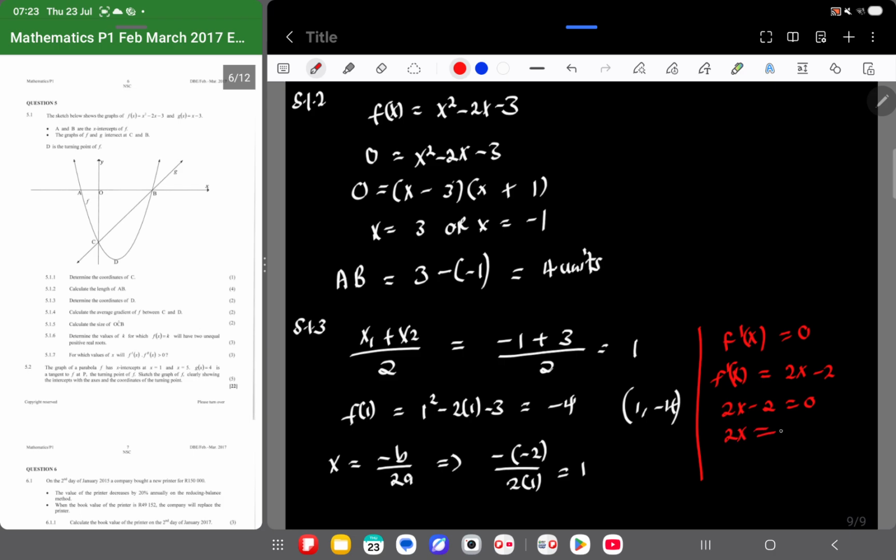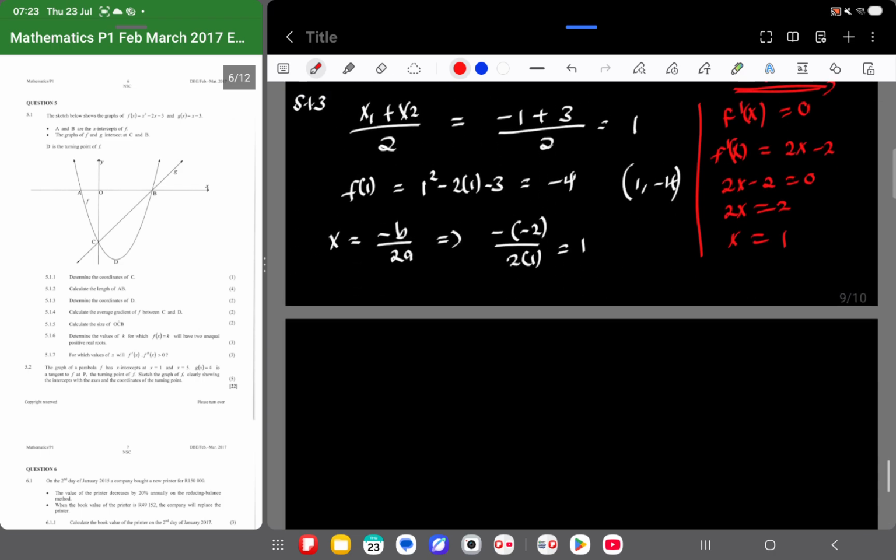You get 2x equals 2. And then you divide by 2 on both sides, you get x equals 1. The same thing using calculus. So this is basically the same. And then you substitute this back into the function to get the coordinate. So let's move on to 5.1.4.